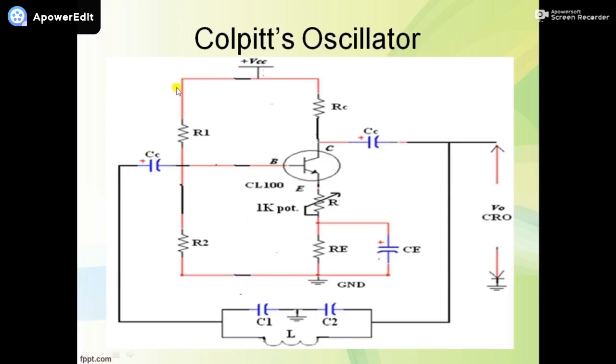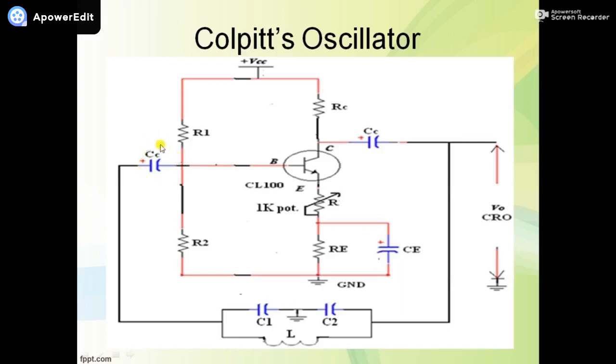And this part of the circuit is used as a voltage divider biasing circuit. With the help of this circuit we can maintain a stable or constant operating point of the transistor in the active region. Then only we can use this transistor as an amplifier.